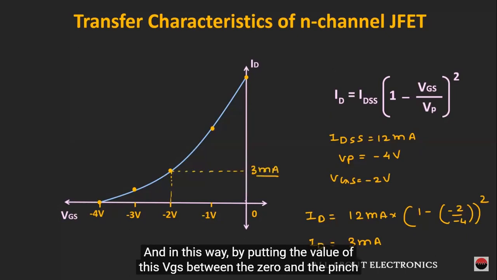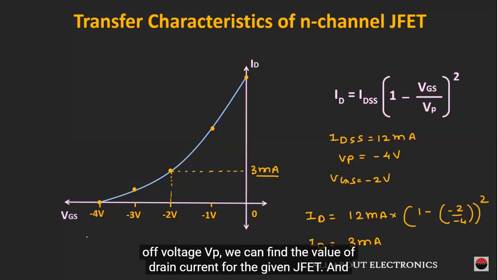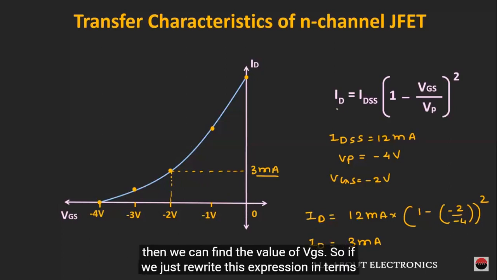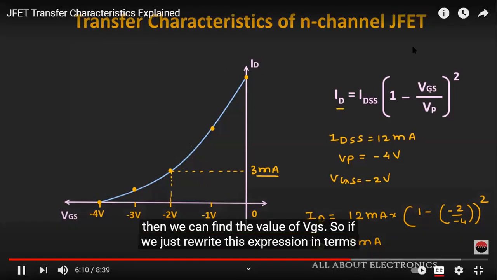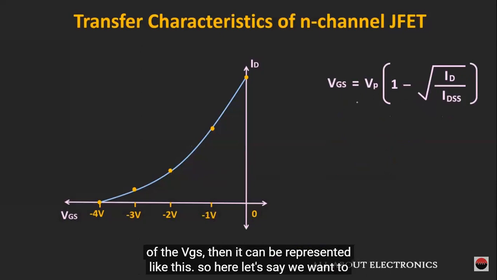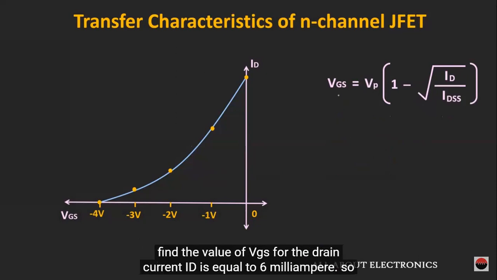And in this way, by putting the value of VGS between 0 and the pinch off voltage VP, we can find the value of drain current for the given JFET. And similarly, for the given JFET, if we know the value of drain current ID, then we can find the value of VGS. So if we just rewrite this expression in terms of VGS, then it can be represented like this. Here, let's say we want to find the value of VGS for the drain current ID equal to 6 milliampere.